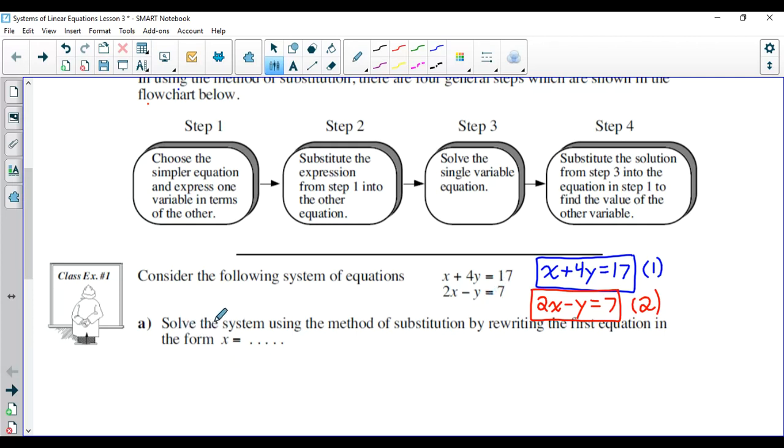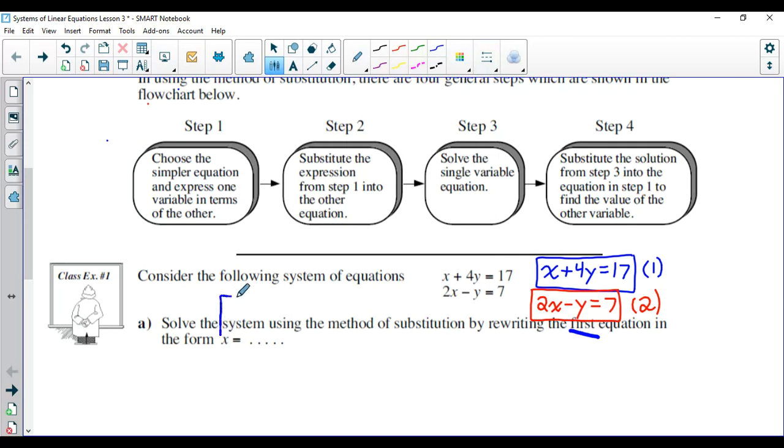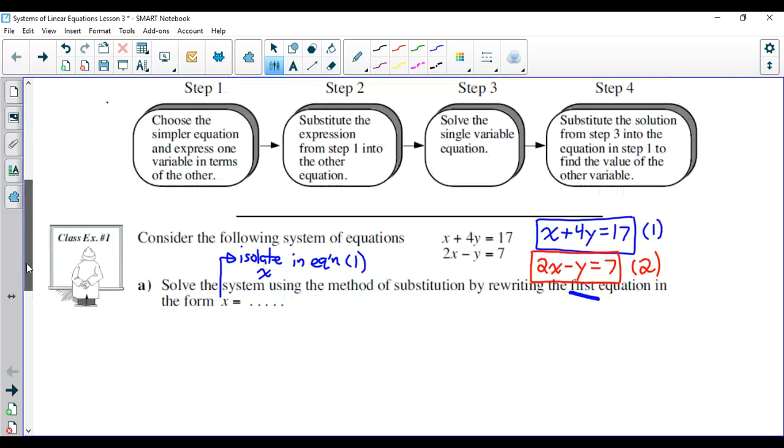So what it says here is solve the system using the method of substitution by taking the first equation, the one in blue, and write it in the form x is equal to. What that means is it wants me to isolate x in the first equation. I'm going to abbreviate equation as EQ n. So we want to take equation 1 and isolate for x in that equation.